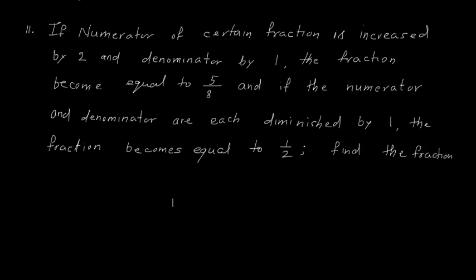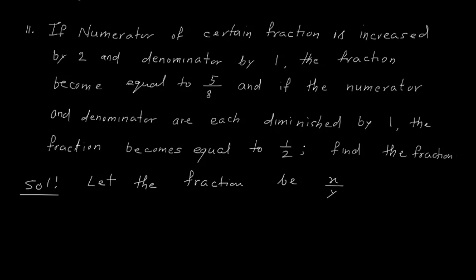Now the problem is, if the numerator of a certain fraction is increased by 2 and the denominator by 1, the fraction becomes equal to 5 by 8, and if the numerator and denominator are each diminished by 1, the fraction becomes equal to 1 by 2. Find the fraction. So let us say, let the fraction be x upon y. We will consider the original fraction to be x upon y.